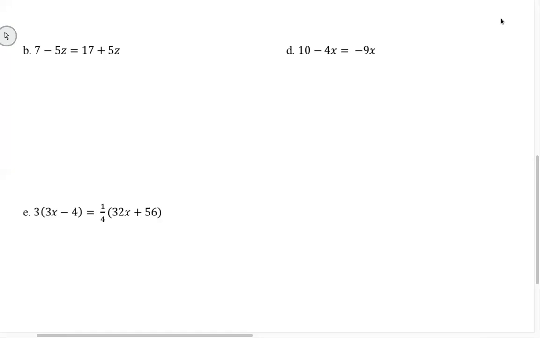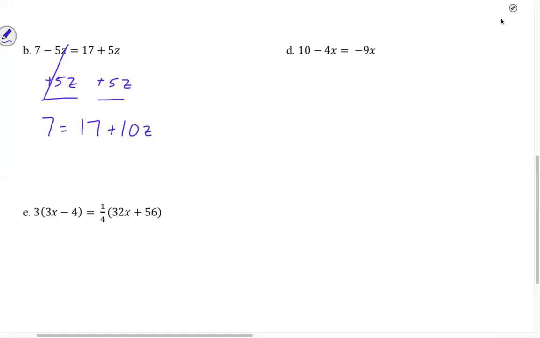Yeah. Which z is smaller, negative 5z or positive 5z? Negative 5z. Very good. So to get rid of negative 5z, I add 5z. That gives me 7 equals 17 plus 10z.